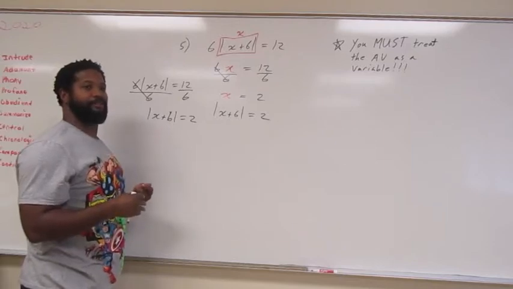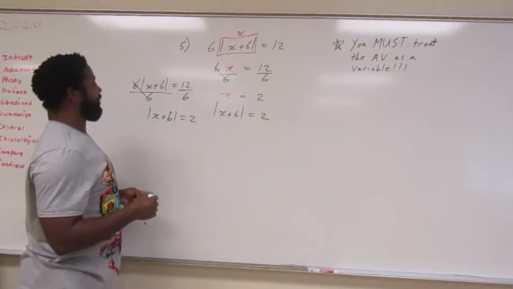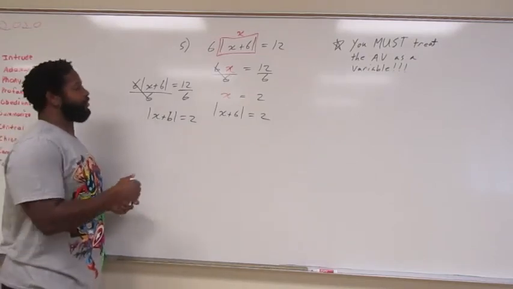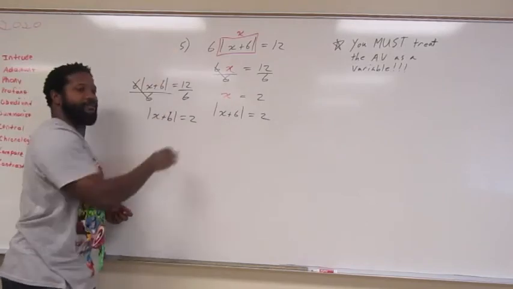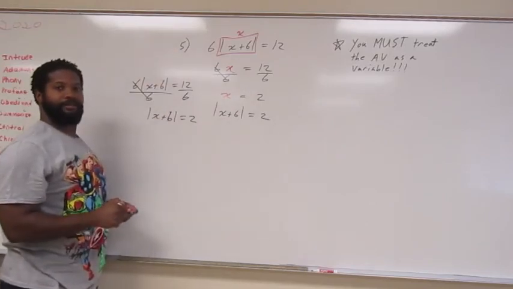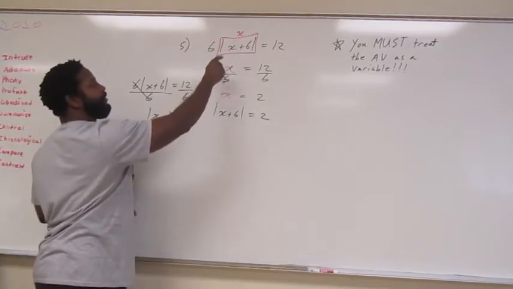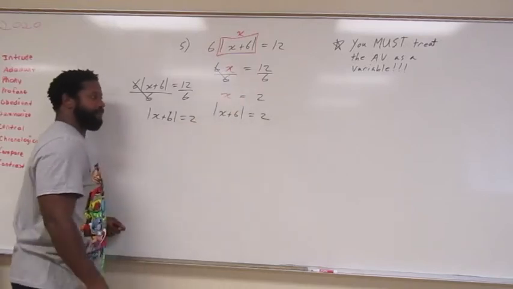Maybe that might be a little too slow for y'all, I'm sorry. Long story short, what I just did right here is what I did right there. All I did was just make this a variable just to show you, you have to get your variable by itself.